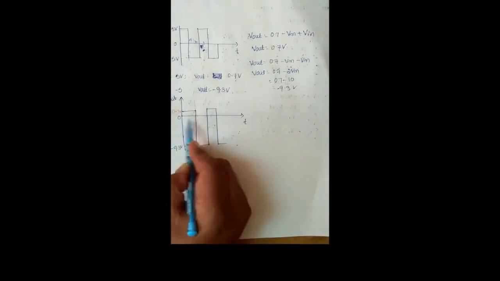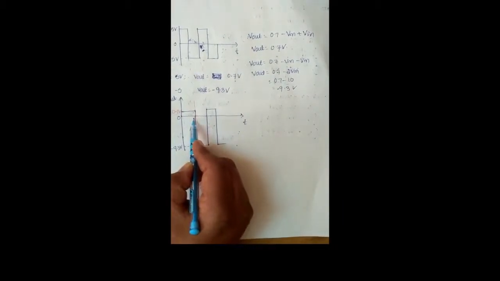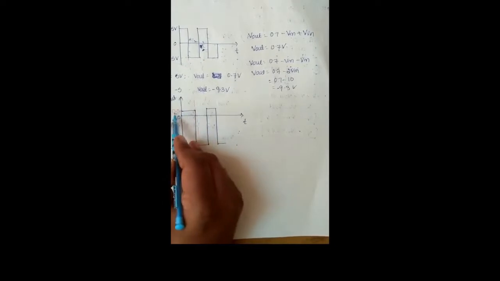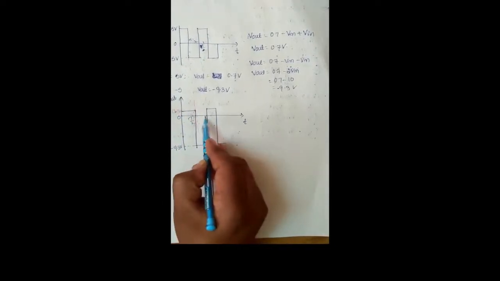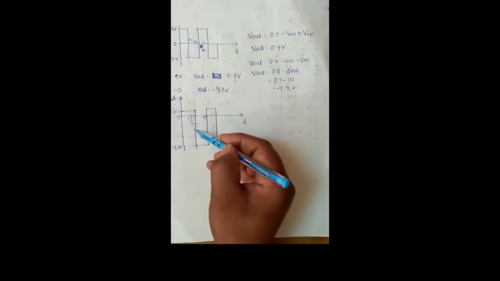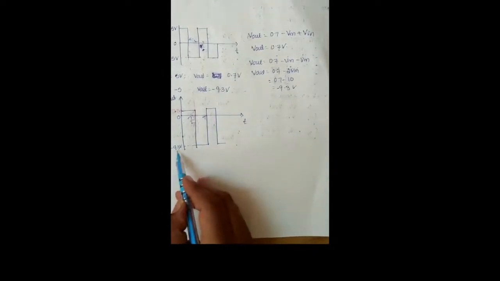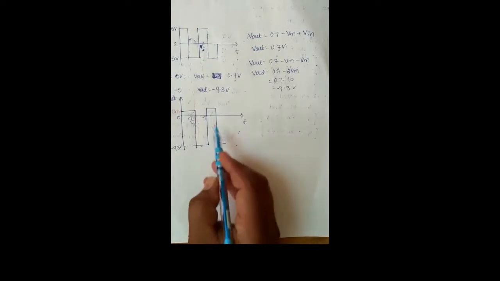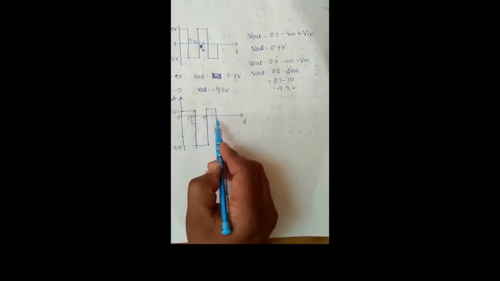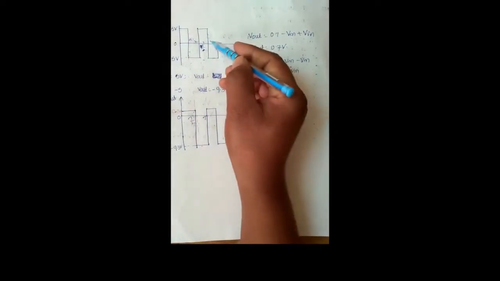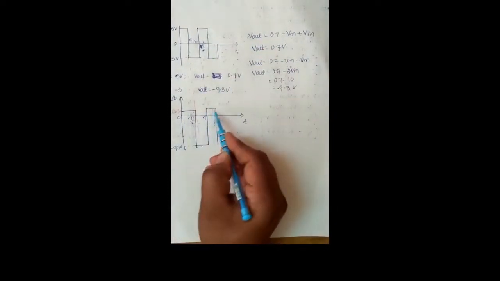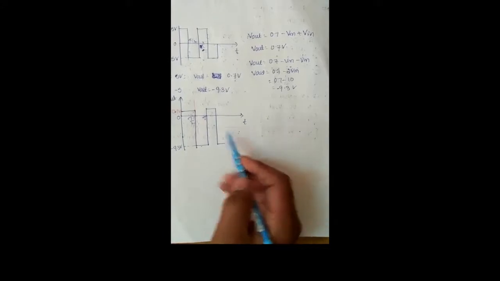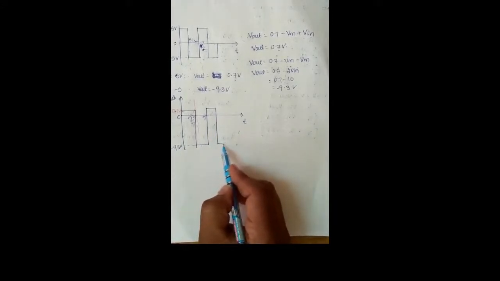During 0 to T by 2 seconds the output of the negative clamper circuit is 0.7 volts, and during T by 2 to T seconds the output is minus 9.3 volts. Again during T to 3T by 2 seconds the input is 5 volts, so the output is 0.7 volts, and similarly minus 9.3 volts.